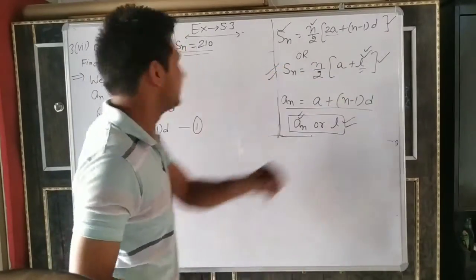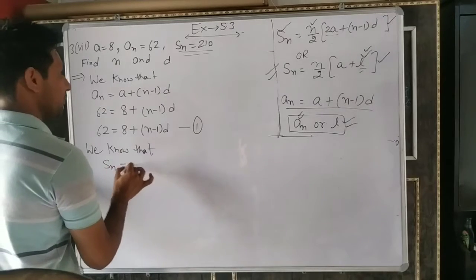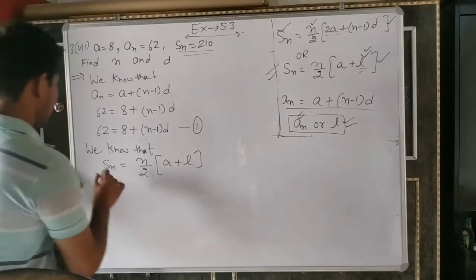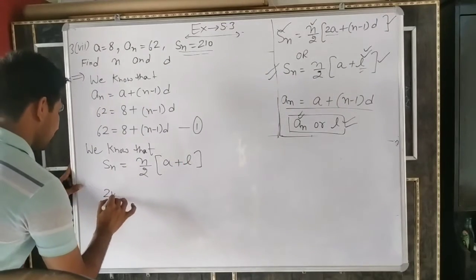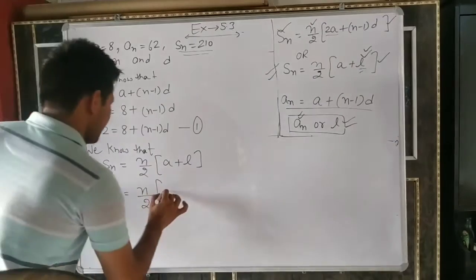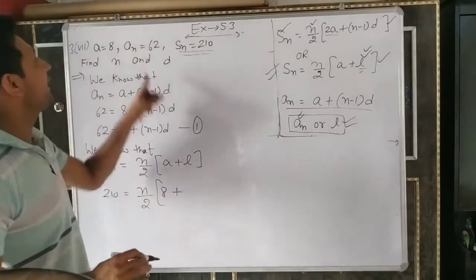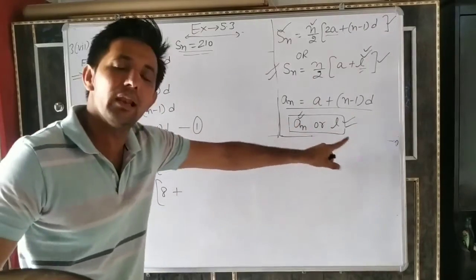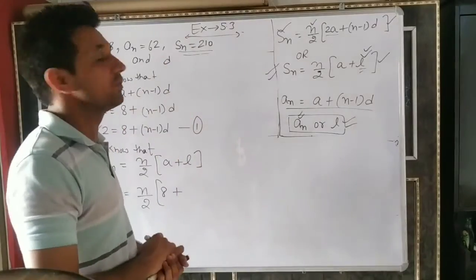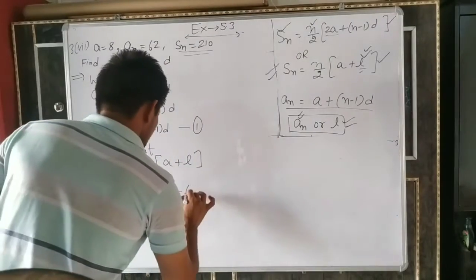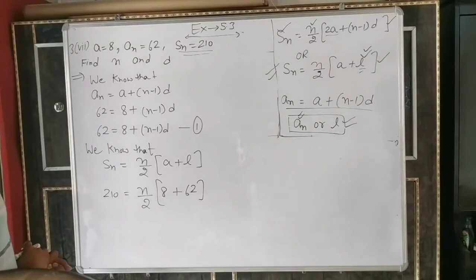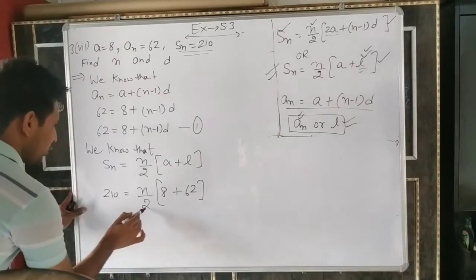So we will write Sn equal to n upon 2 into a plus l. Sn is 210. n we want to find. a is 8 and l means an. an and l both are the same. an means the nth term is 62. It means the last term of this AP is 62. Understand it?